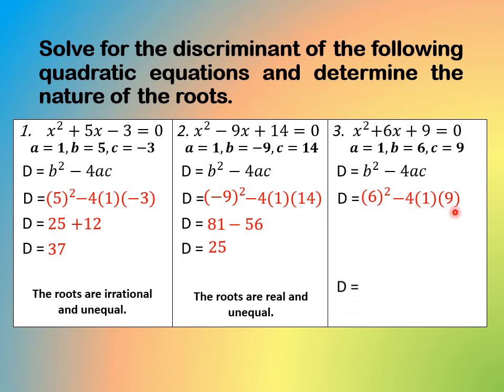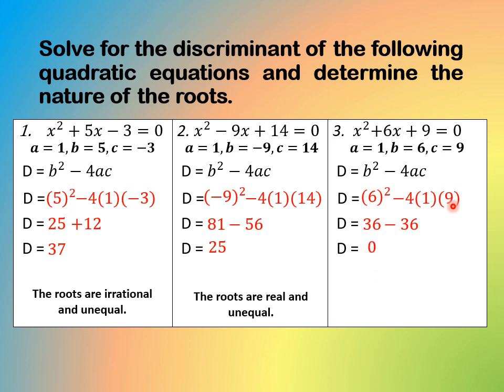That is 9. So, we have here minus 4 times 1 times 9. So, evaluate natin ulit. So, 6 squared, that is equal to 36. Correct. So, minus 4 times 1. That is 4 times 9. That is 36. Okay, so 36 minus 36.